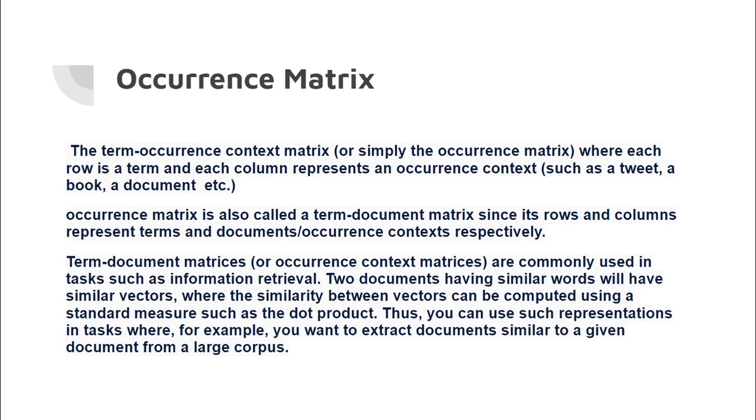But mathematically or statistically, two documents or two vectors or two matrices are said to be similar based on the cosine angle between them, that is, the dot product of the matrices. Hence we create this occurrence matrix so that we can compute the vector measure or the dot product of these vectors and find out the similarity between these document or occurrence matrices.